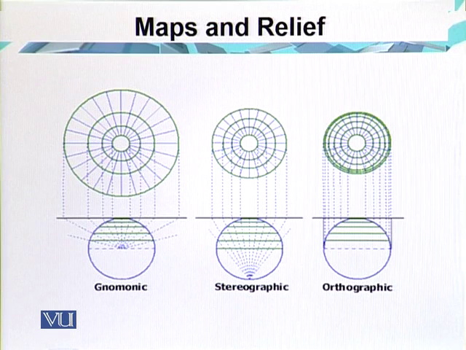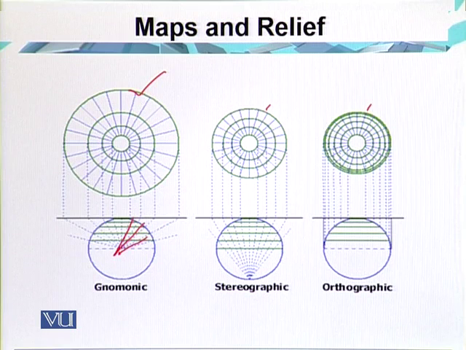Now, gnomonic projection is totally different from the rest of the projections. Why? Because it has different rays which are coming from the center to each and every lat and long of the globe.